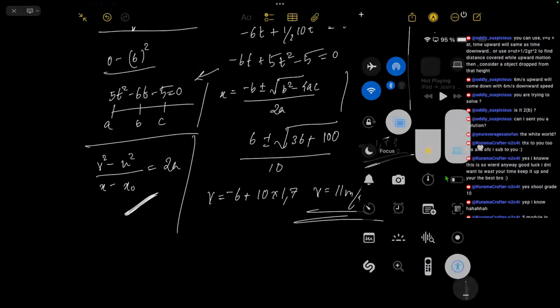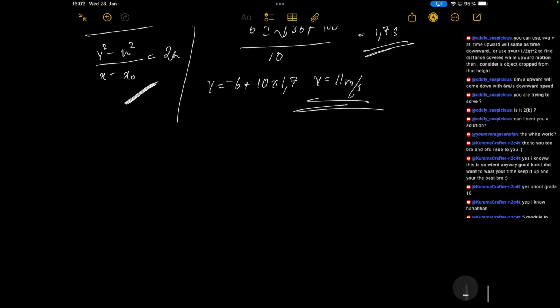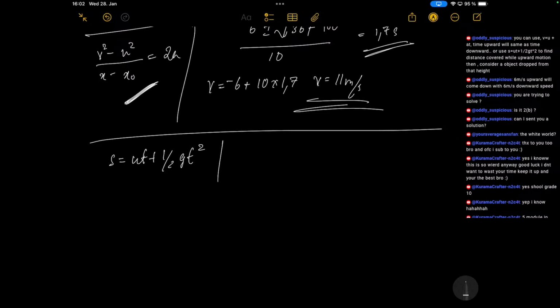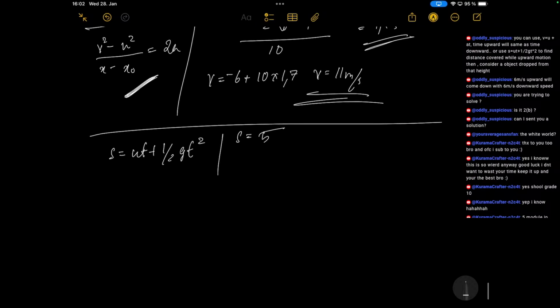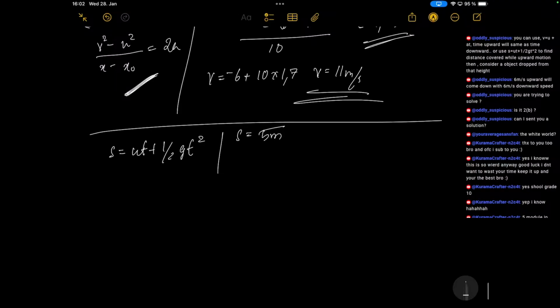I could redo it again. So, what did I do? S is equal to 5 meter. U equals minus 6 meter per second, opposite to gravity.